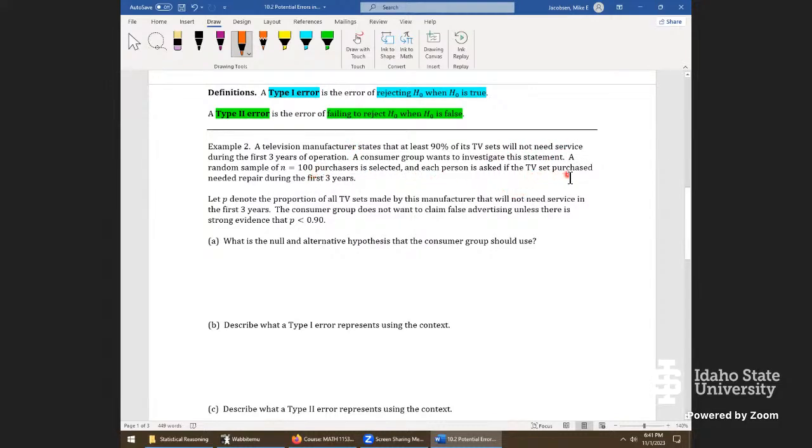And each person is asked if the TV set purchased needed repairs during the first 3 years. Now, when you're talking about errors in hypothesis testing, type 1, type 2 errors, there's usually two groups. And if you make a type 1 error, you've offended one group, and if you make a type 2 error, you've upset the other group. In this problem, there are two groups that we're thinking about. There is the television manufacturer.